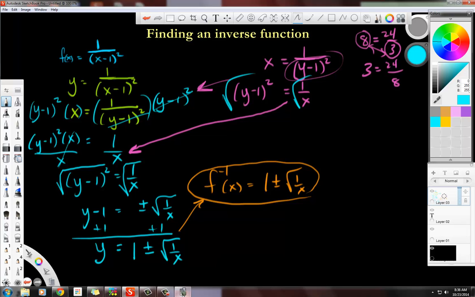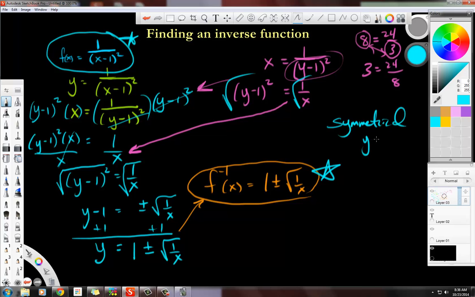The last thing I want to show you, so much for having a quick video, is I want to graph both of these, because if you graph the original and the answer, put stars beside them, the original and its inverse, it is symmetrical to the line y equals x, or it should be.